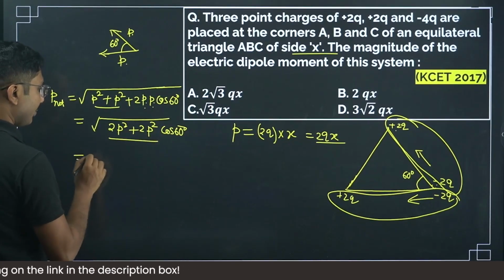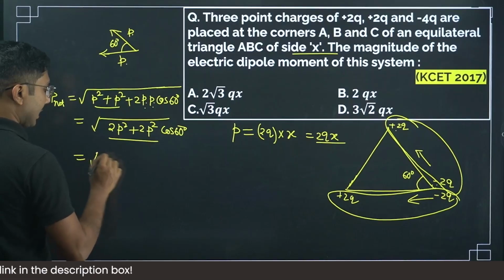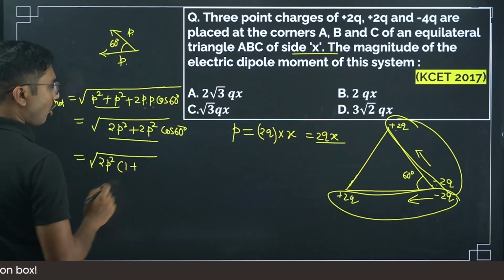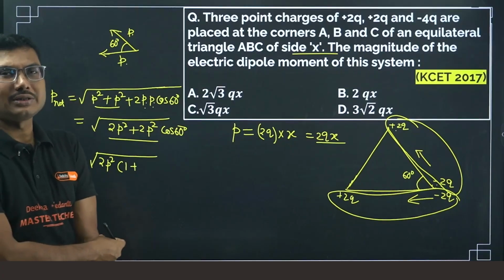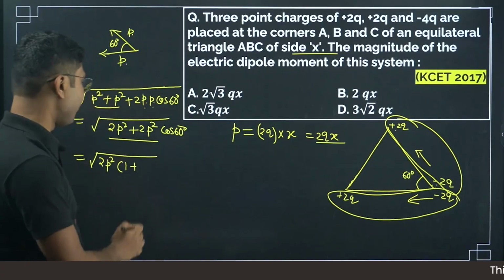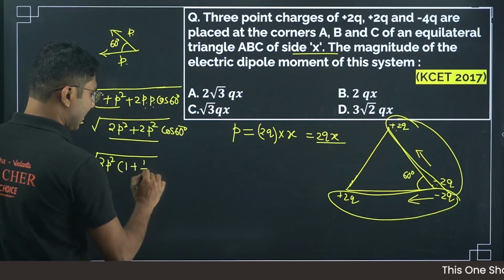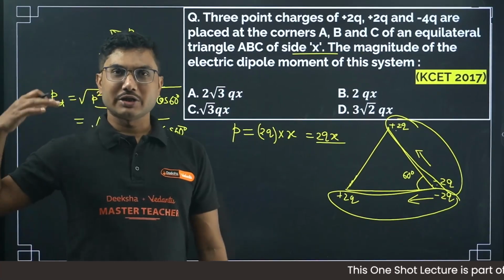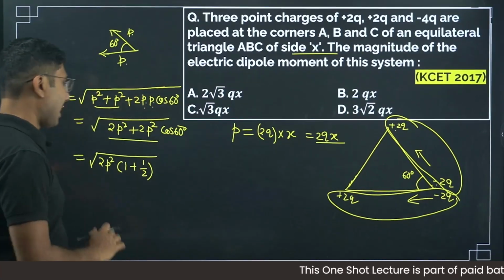We can take 2p square as common, so we can write 2p square into 1 plus cos 60. Now what is cos 60? Cos 60 is half. You can remember it: cos 0 is 1, cos 90 is 0, cos 60 is half.